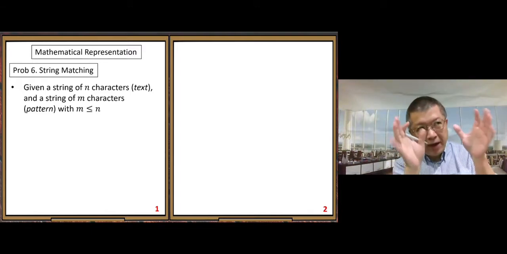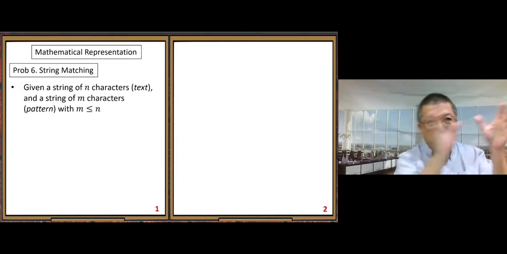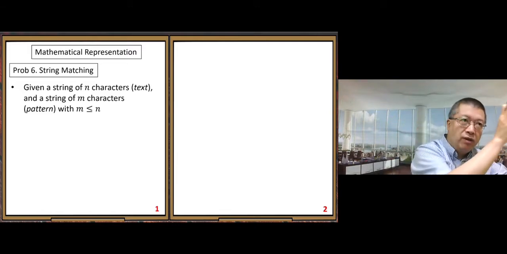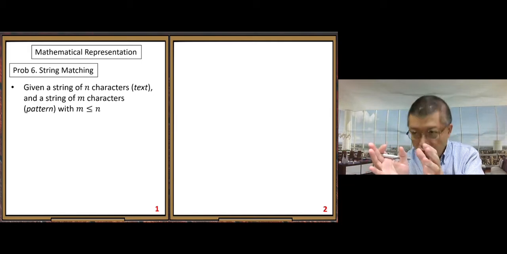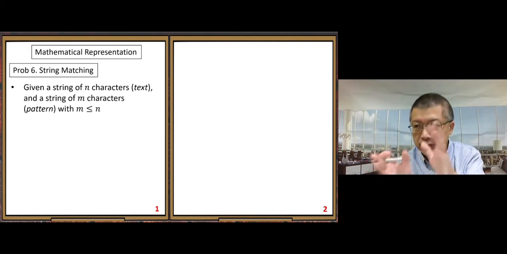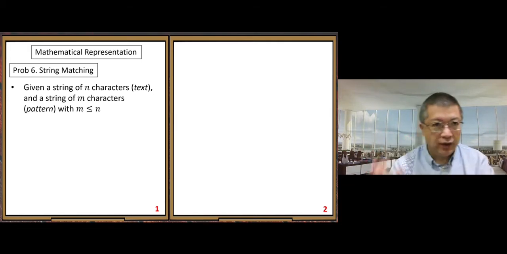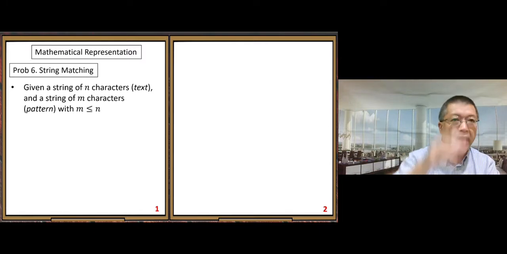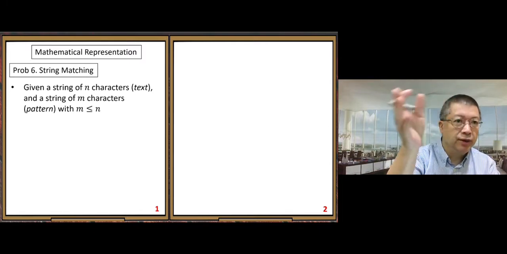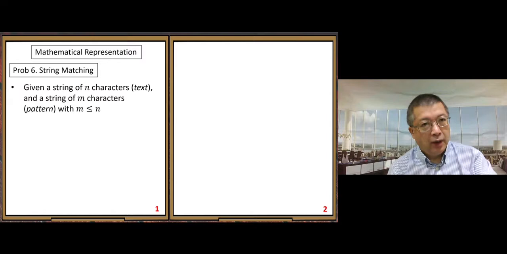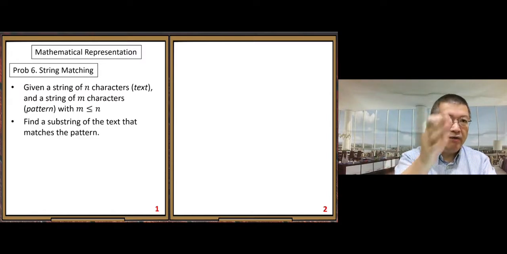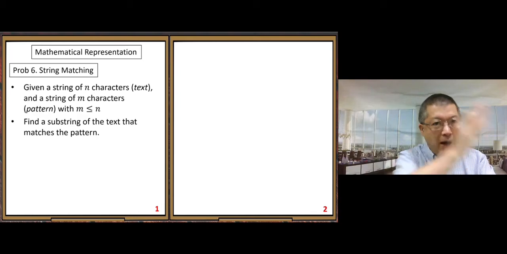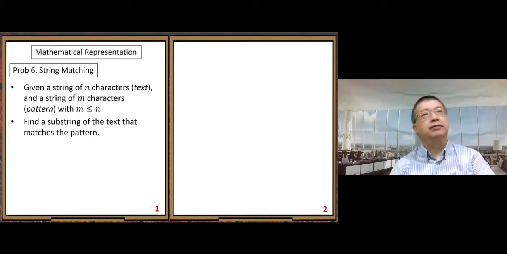So we want to match a substring in the text to this pattern string, another, shorter string. So pattern with m less than or equal to n. Requirement: find a substring of the text that matches this pattern.